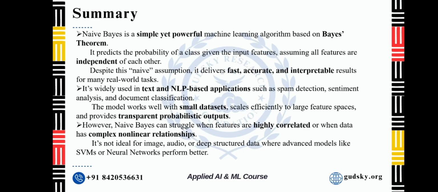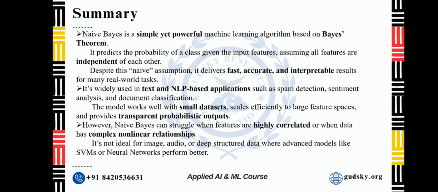So this is what Naive Bayes fails in. But now let's look at the final summary and summarize everything we have learned in the Naive Bayes session. The core idea is a probabilistic classifier based on Bayes theorem with a naive assumption of feature independence. It is a powerful machine learning algorithm. The key variants are Gaussian Naive Bayes for continuous features, Multinomial for count frequency features, and Bernoulli for binary features.